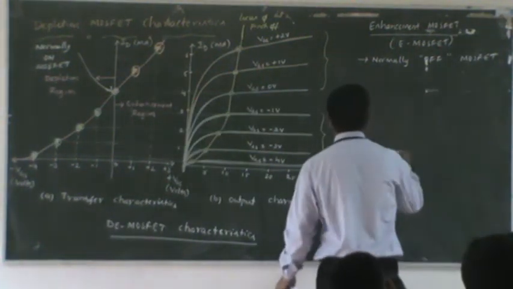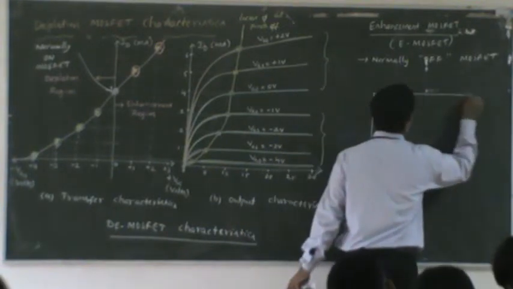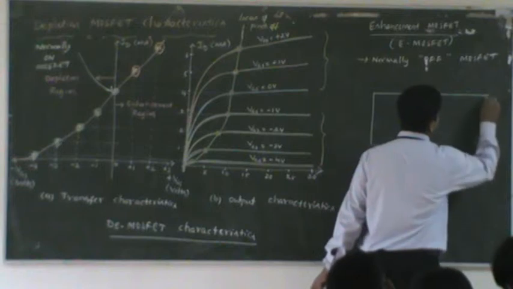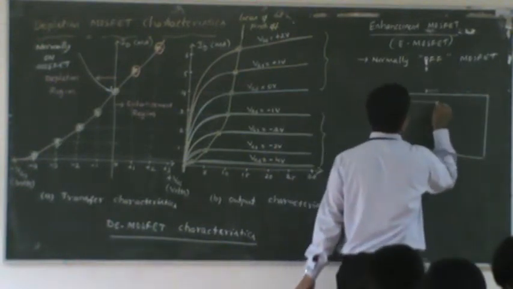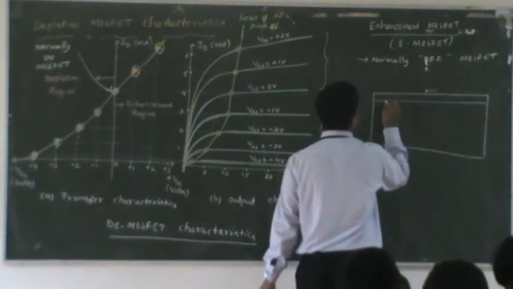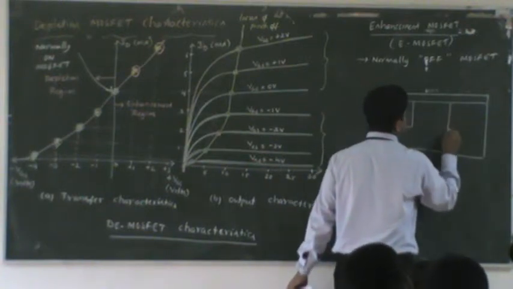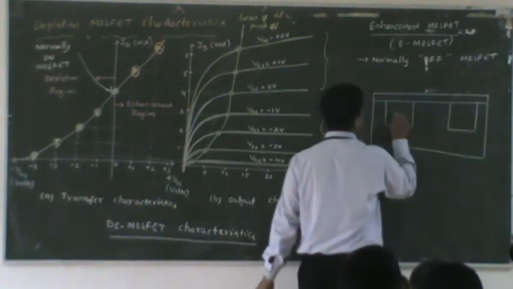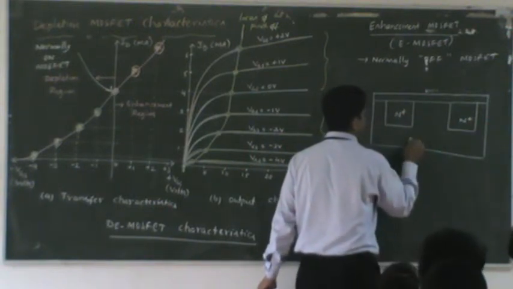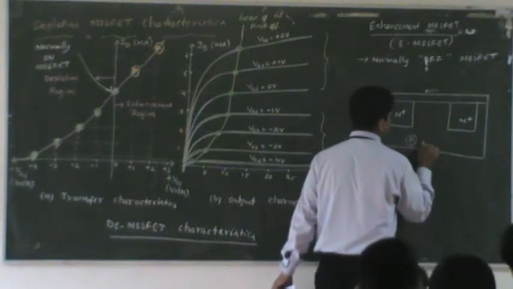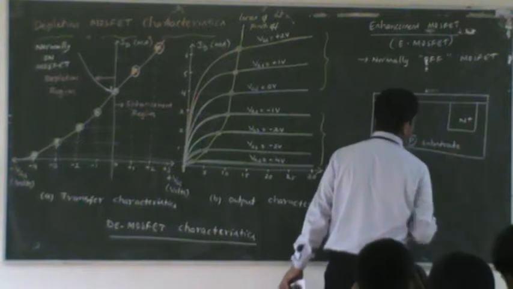Now about construction, I will show the construction of the N-channel MOSFET. Again, here also we can have two types, N-channel as well as P-channel. We will have two N+ regions. And of course, for the N-channel MOSFET, the substrate is P-type.